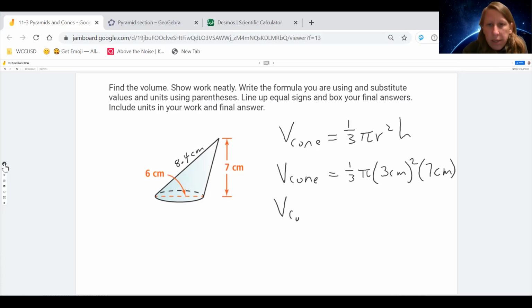How do I know they're making it nice? Because they're choosing multiples of 3 here. So this is 9 centimeters squared divided by 3 is 3 centimeters squared. 3 centimeters squared times 7 centimeters is 21. 3 times 7 is 21 pi centimeters cubed.